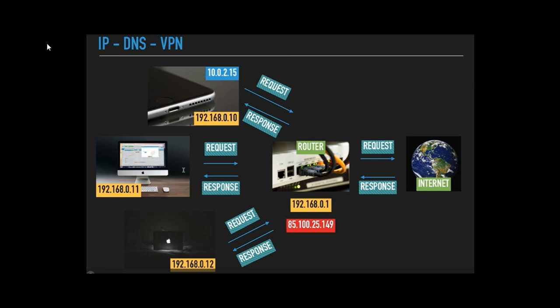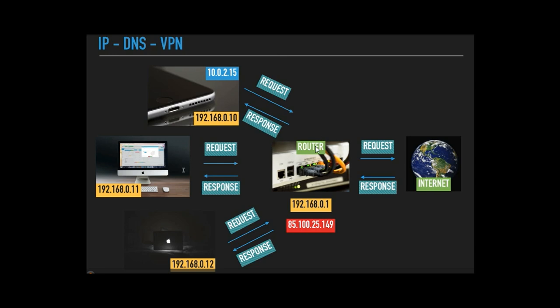The IP means the Internet Protocol. I will explain this with the diagram that you have here. Suppose you are at home and all your devices, your phone, your laptop, or your computer are connected to a router.